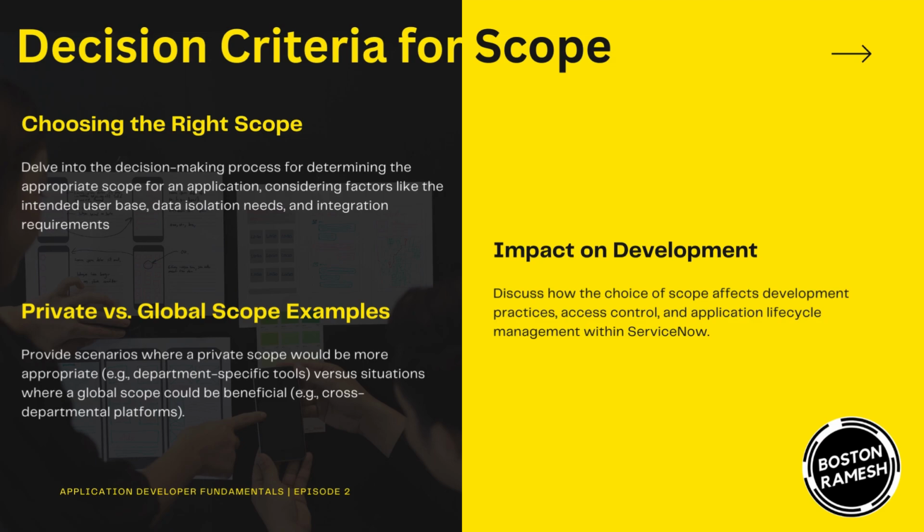Who will use this application and how wide-reaching are its intended functions? Secondly, assess the data isolation needs. Does your application handle sensitive information that requires strict access controls? And finally, examine the integration requirements. Will your application need to communicate with other applications or external systems? And how will this affect its functionality?